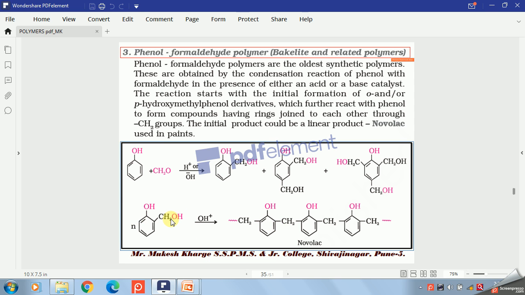So this CH2 group gets linked with another carbon of the second molecule and in this way the chain grows, and there is a joining of two compounds with this CH2, and such a compound is called novolac.